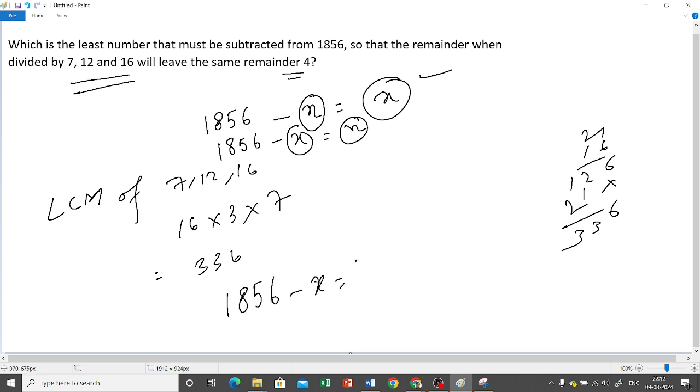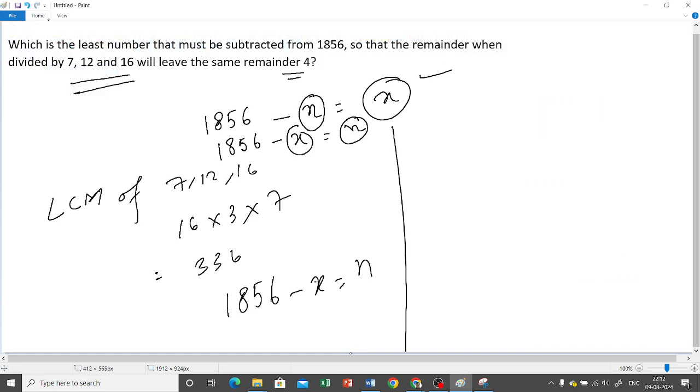The higher the value of x, the lower the value of n. So how will I maximize? x is such a number which when divided by 7, 12, and 16 will leave remainder 4. So the first thing I need to find out is the highest multiple of 336 that is less than 1856.